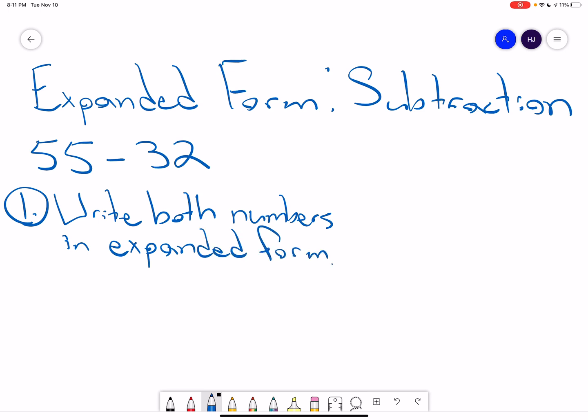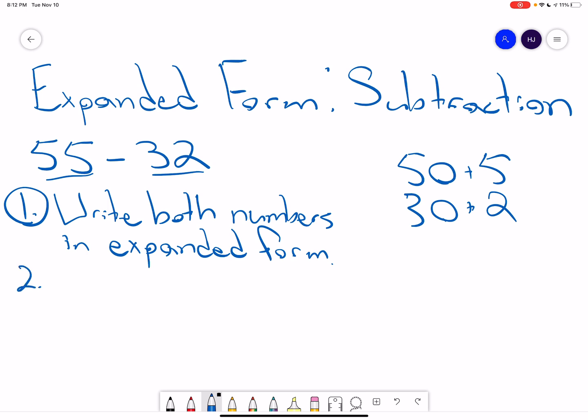In this case, we'll start off with the 55, which is 50 plus 5. And then the next number is 30 plus 2. We are going to be stacking the two different numbers on top of each other.